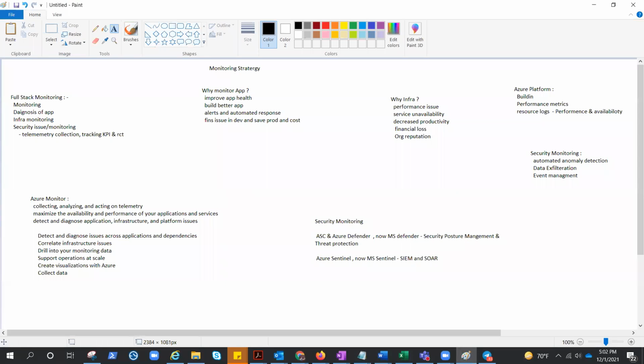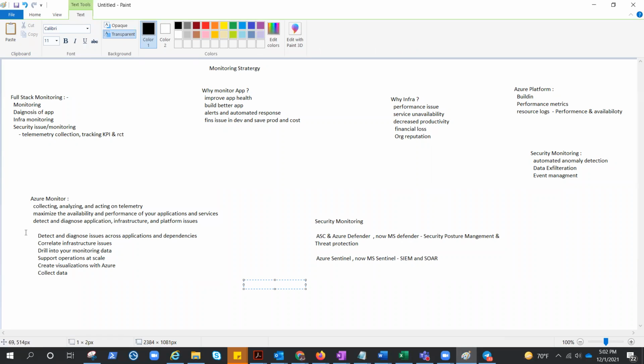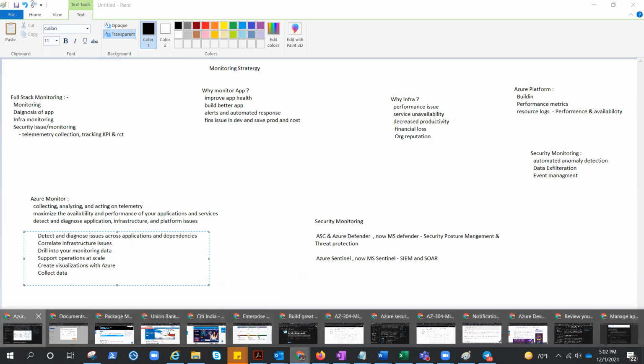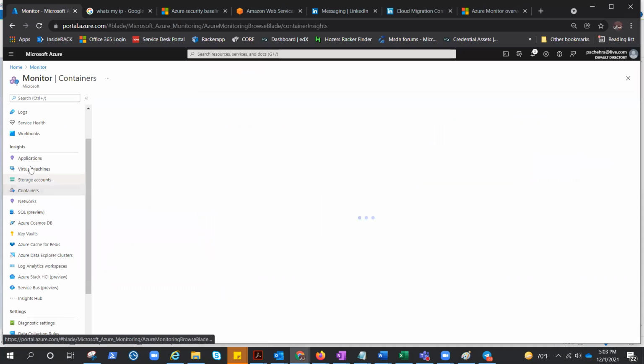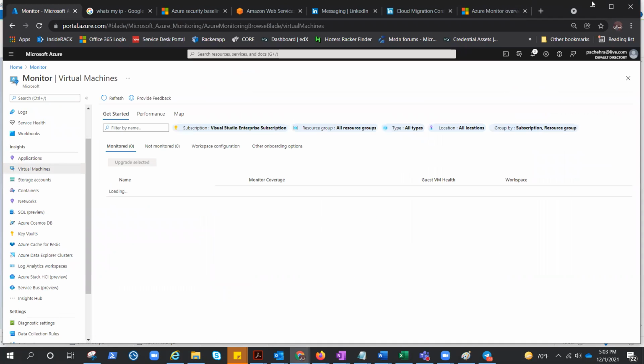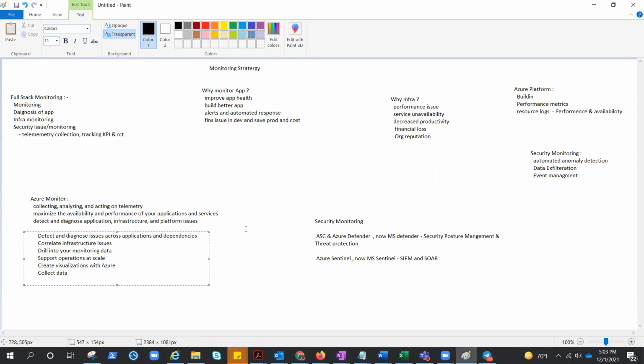Now, just a few examples of what you can do with Azure Monitor. These are a few examples I wrote down here. You can detect and diagnose issues across applications and dependencies with the help of Application Insights, which is also built in. Correlate infrastructure issues with VM insights and container insights that I showed you here. It will help you drill into your monitoring data with Log Analytics, Kusto query, I told you.